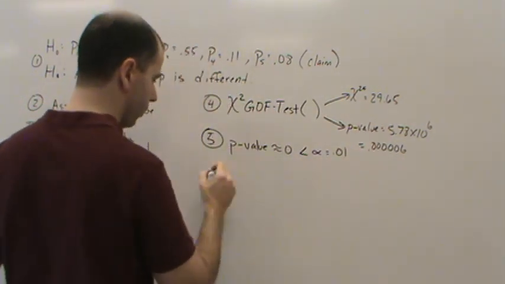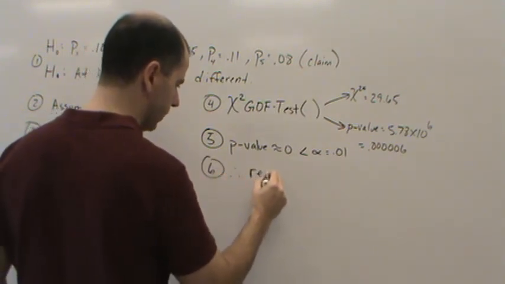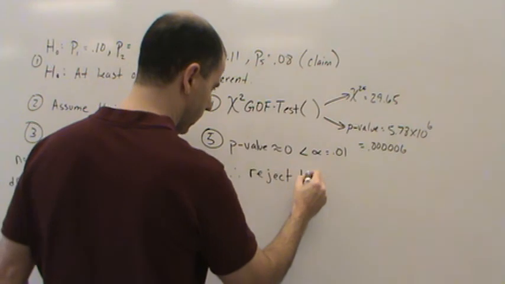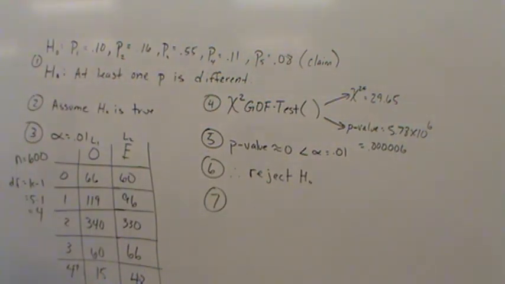And so, what does that mean? Well, we're going to therefore reject the null. And so, in this case, going back to the conclusion, what are we going to do?